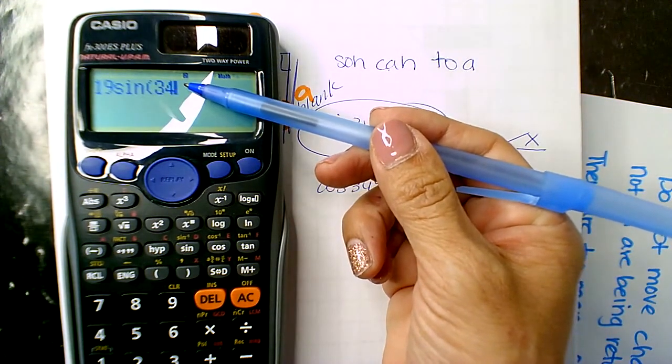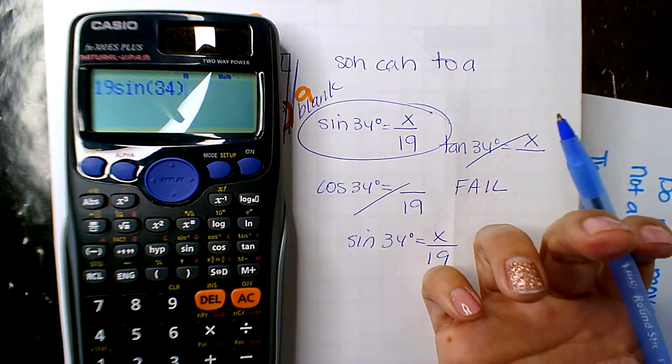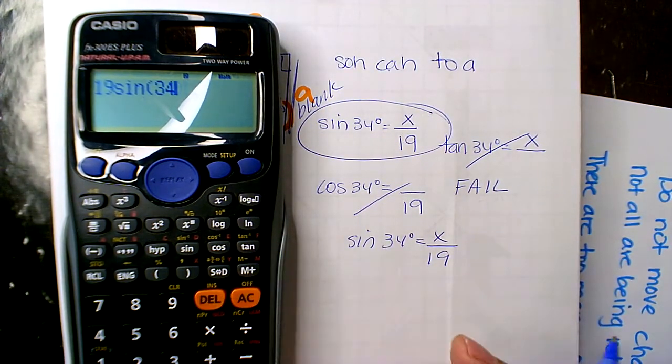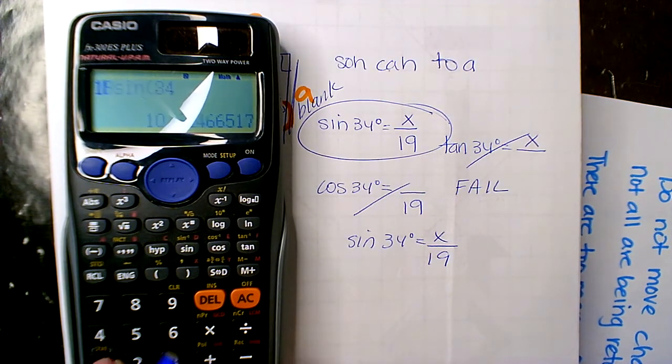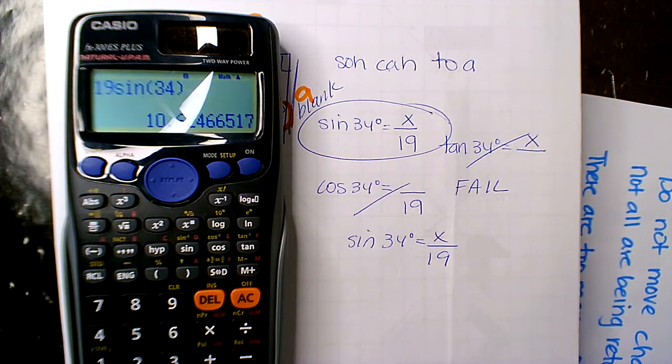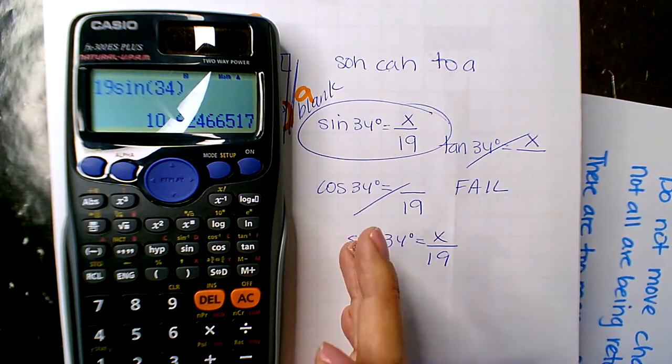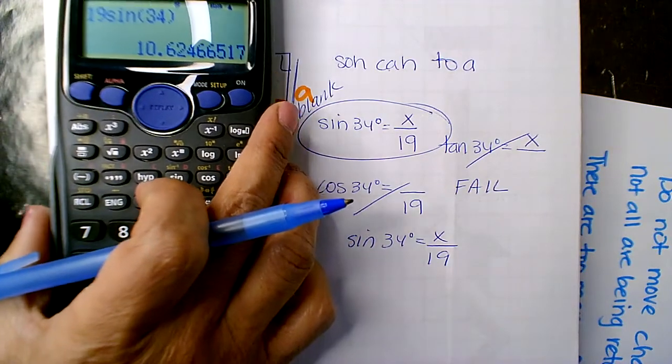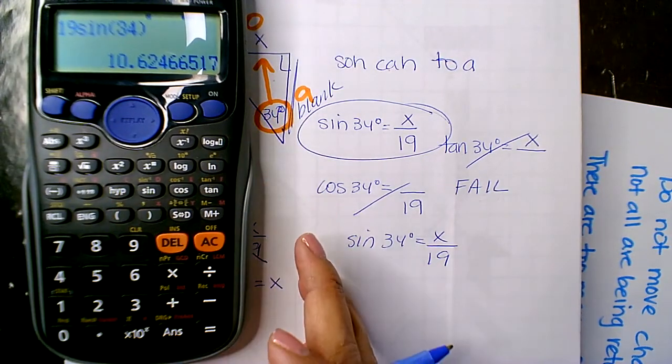You don't have to close the parenthesis. If you would like to, you can. But if you leave it open, you'll still get an answer. So here it's open. And then here it's closed. I close the parenthesis. You still get the same answer, okay? So you get 10.62.